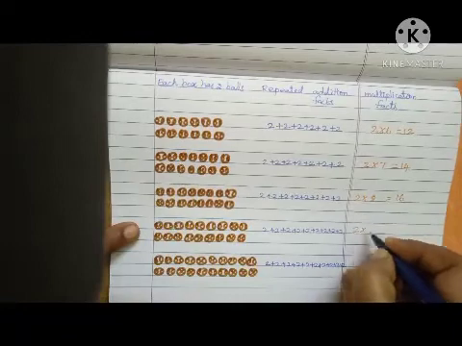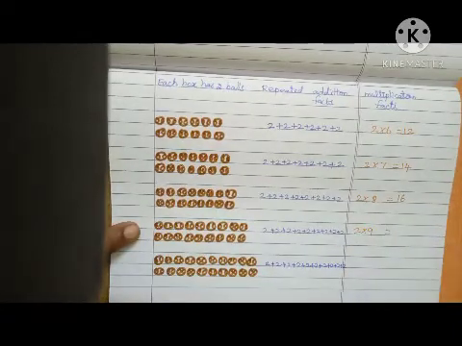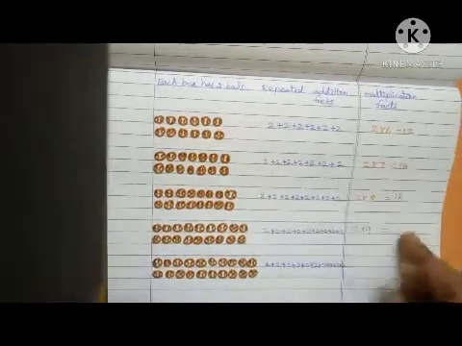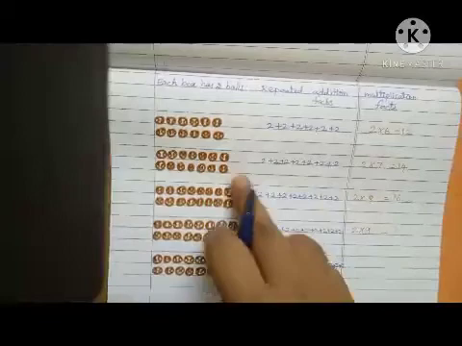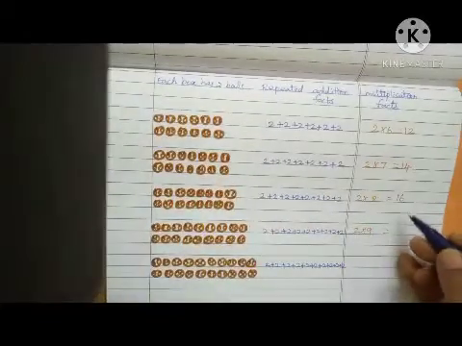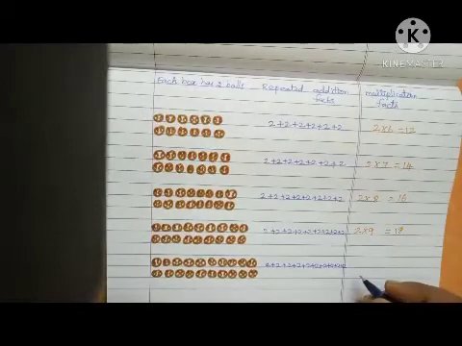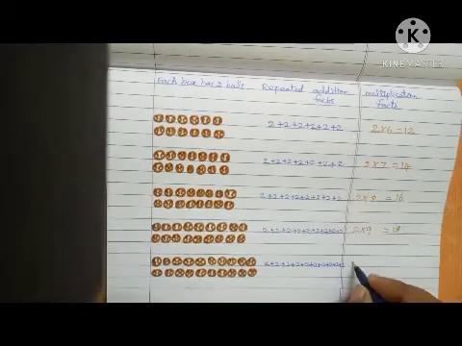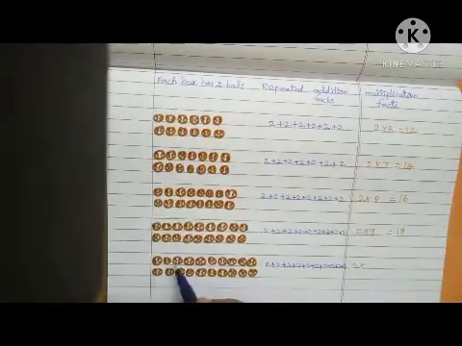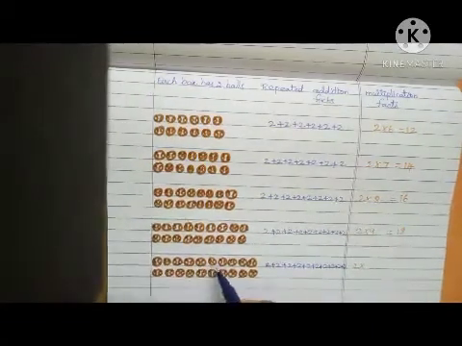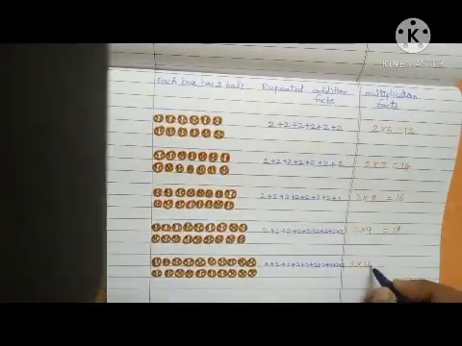Next number. 8 after 9. So 16 plus 2. So this one, 2 balls are added. So you add 16 plus 2, 18. Then next one, last one. 2 tables, 2 balls. How many groups? 1, 2, 3, 4, 5, 6, 7, 8, 9, 10. 10 times.